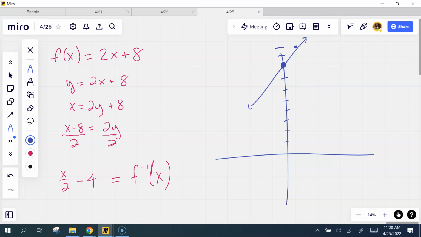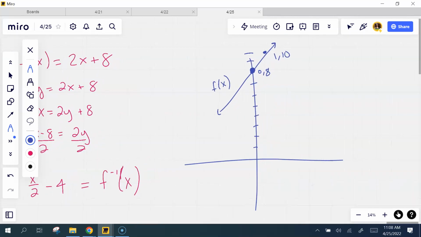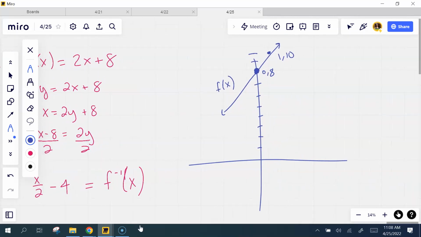There's f of x. If you want to take these 2 points, this is 0, 8, and this would be 1, 10, and just reverse them to graph this next one, or if you want to graph it the way you know how to graph a line, it doesn't matter. You should get the same thing.